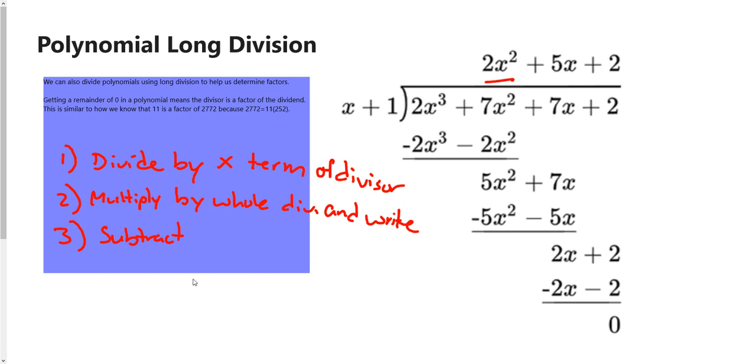One common thing that you can do for subtracting is change the signs and add. And so that's what's happening here. I change the signs and then I add. Negative 2x to the third plus 2x to the third cancels out. Gone. No term left. 7x squared minus 2x squared is 5x squared. Wonderful.